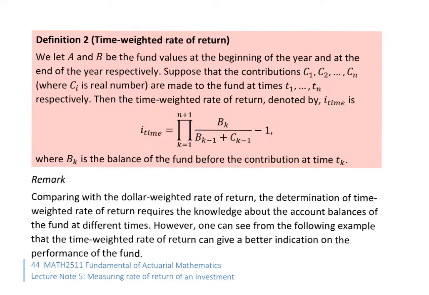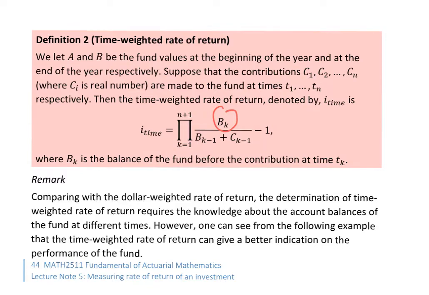That means you need to know this BK, right? As I've said before, the time weighted rate of return can measure the performance of the investment fund ignoring the strategy taken by the investor.